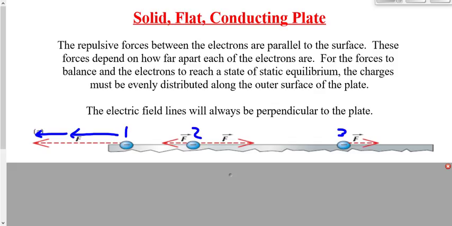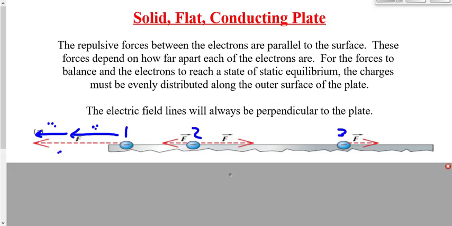Why did I draw that as a shorter line, as a smaller force? Yeah, Bruce? Yeah, it's further away. The charges are the same. If the charges are the same, the distance is bigger, the force will be smaller. These two forces combined, F21 and F31, give me a net force on charge 1. So you've got a pretty big net force on charge 1 acting to the left.